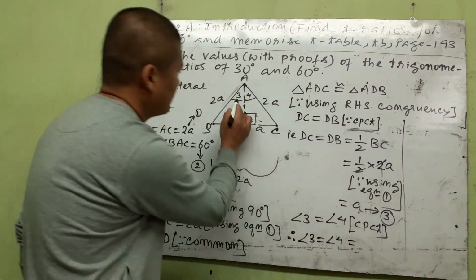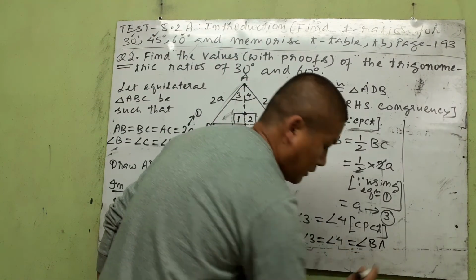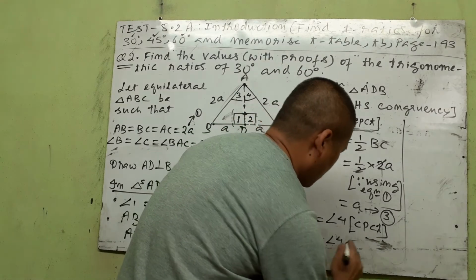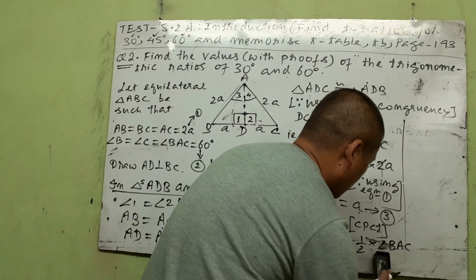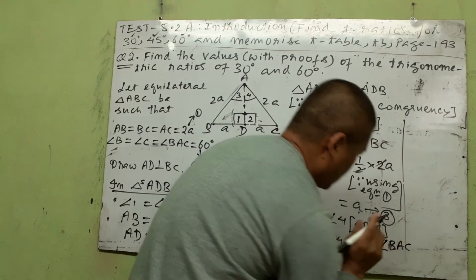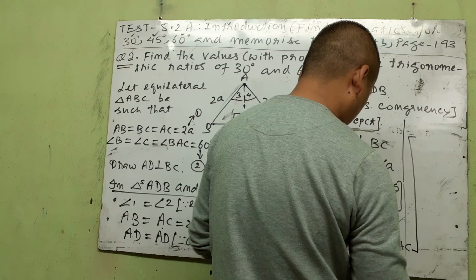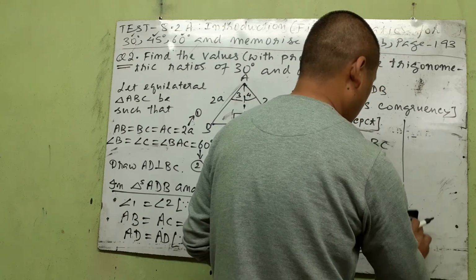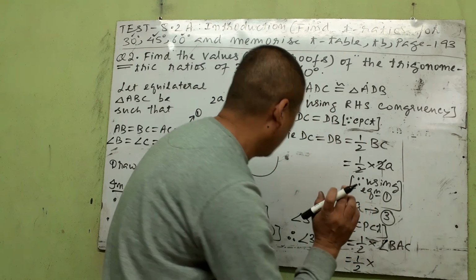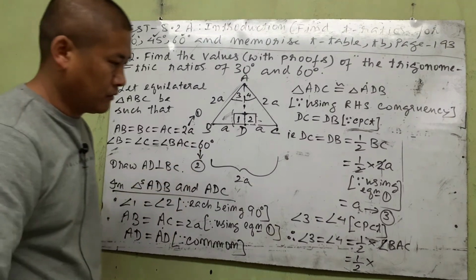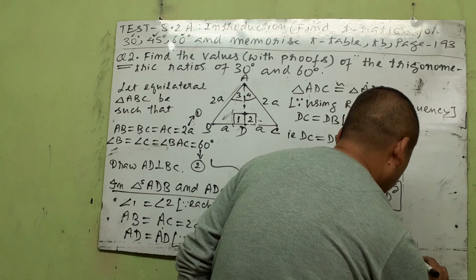Angle 3 equal to angle 4 equal to, now 3 plus 4 is BAC, the full angle. So we write here half of angle BAC.